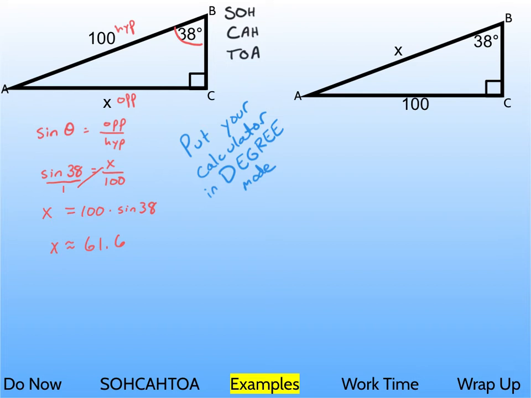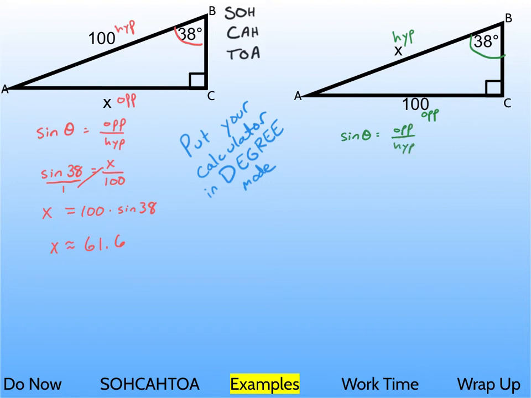All right, let's do this other problem. Same exact process. So 38's our angle. X is the hypotenuse. 100's the opposite. Because we have the same angle position, the same side positions will be there too. And let's just start setting this thing up. So we got sine of the angle equals opposite over hypotenuse.